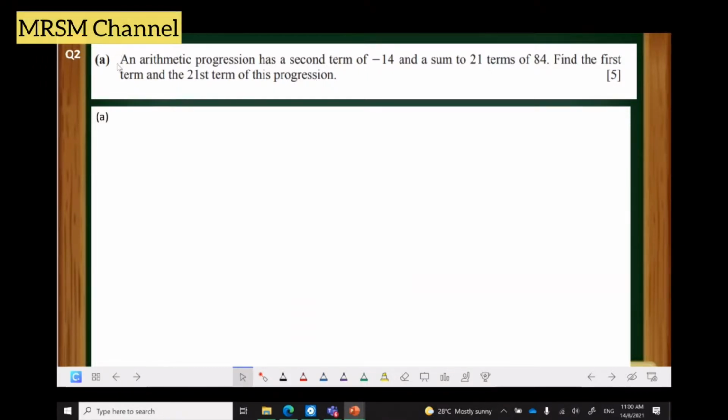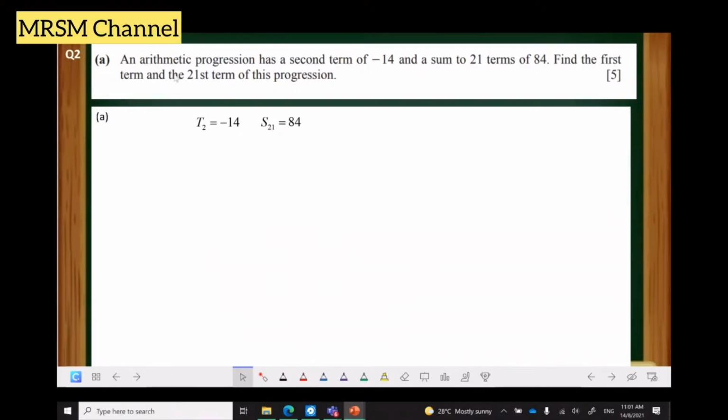So how do we convert the statement into mathematical statement? Alright, so second term we can write as T2 is equal to negative 14, a sum to 21 terms of 84, meaning that S21 is 84. Okay, S21 is equal to 84.